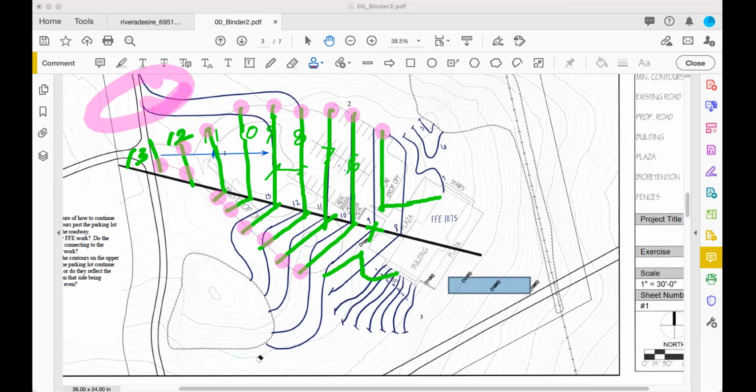So I would start with this 13. The 13 can be changed up to that point. I may decide later I don't need to cut off that little contour there, but that seems to be the narrowest point of constriction.